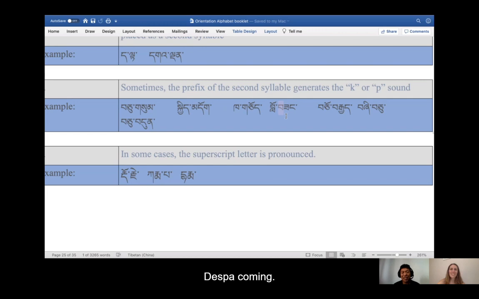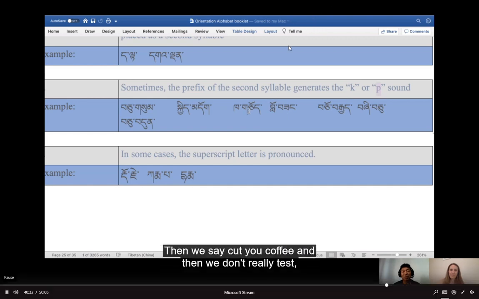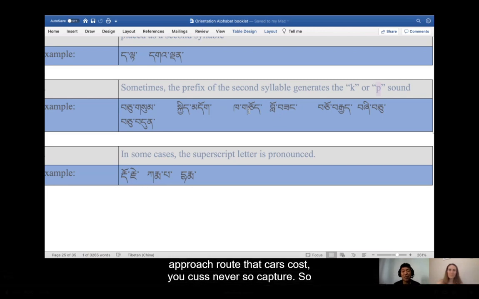This pa, like p in cup. Yeah, p sound. So this one is kapju. We don't read it as kakju, never. So kapju. This is an exception.